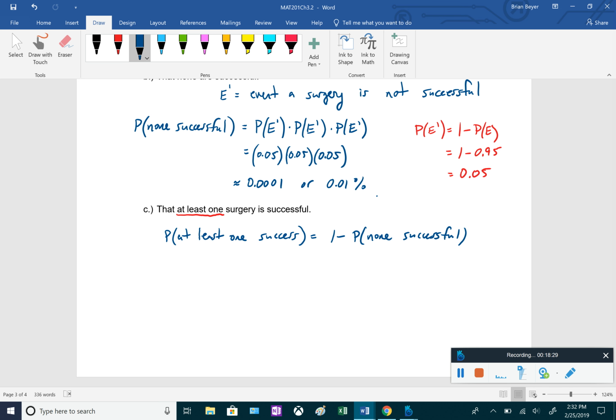We actually just did the probability that none were successful in the previous one. So this is going to be 1 minus 0.0001, because that's our answer from the previous one. Subtracting these, we get 0.9999, or 99.99%. Which is huge. The probability of at least 1 success is almost 100%. Okay, so that's actually it for section 3.2 with conditional probability and the multiplication rule.